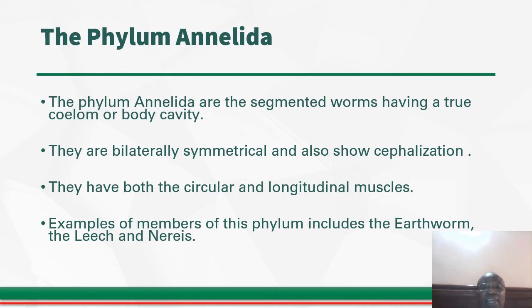This cephalization means you can distinguish their body into different sections. They have both circular and longitudinal muscles. We have examples of the members of the Annelida, which include the earthworm, the leeches, and the nereis. These are the common examples of the phylum Annelida.